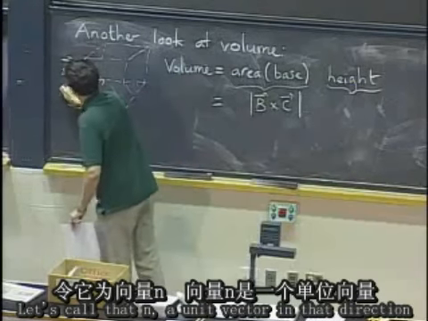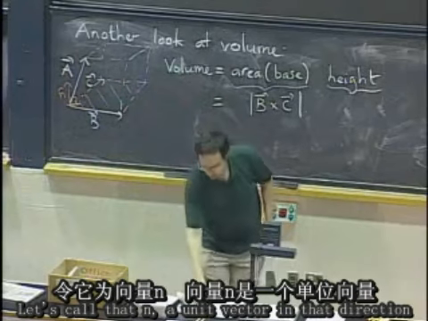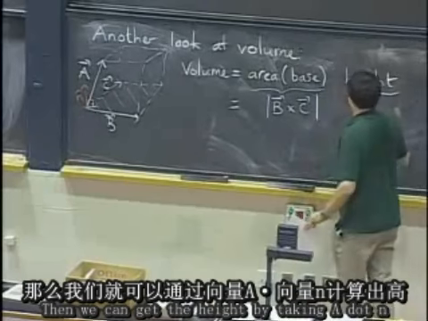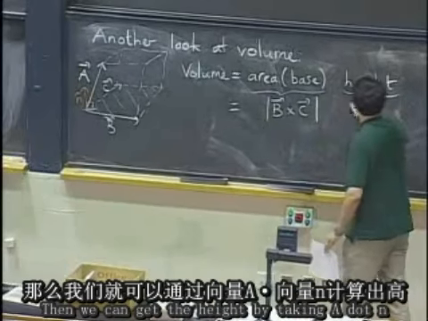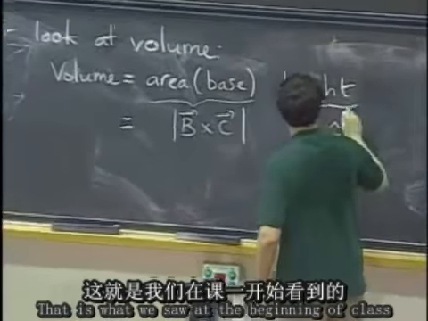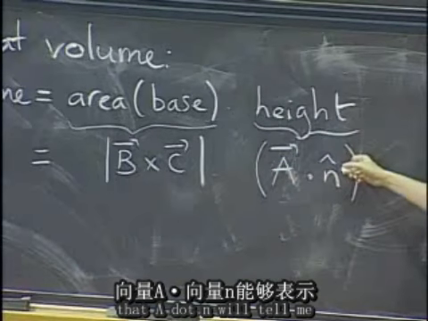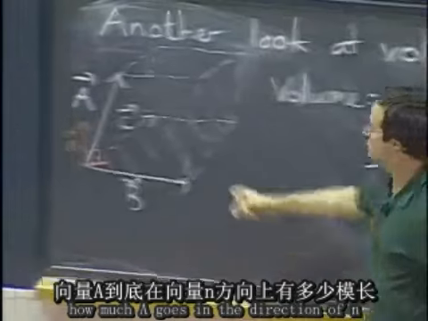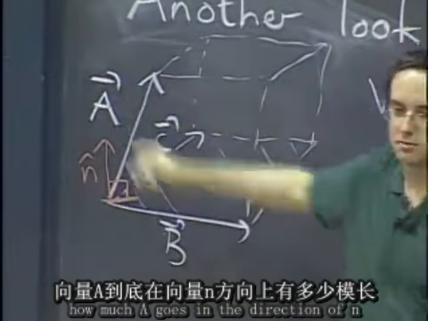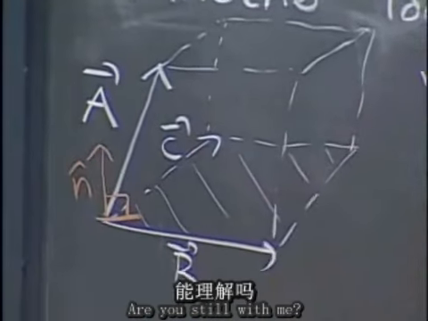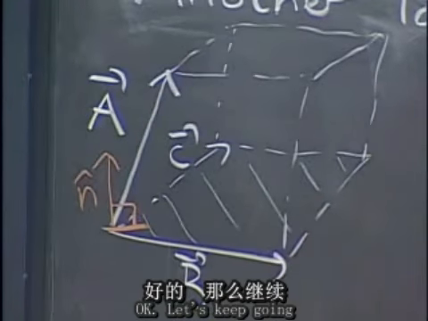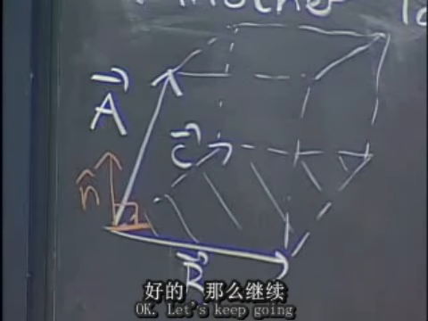Let's call that n, a unit vector in that direction. Then we can get the height by taking A dot n. That's what we saw at the beginning of class. That A dot n will tell me how much A goes in the direction of n. Okay, are you still with me? Okay, let's keep going.